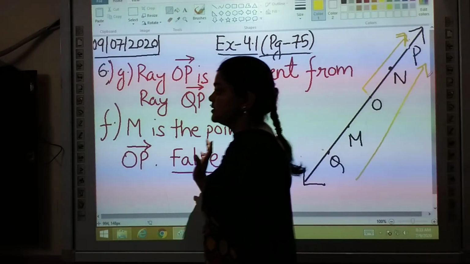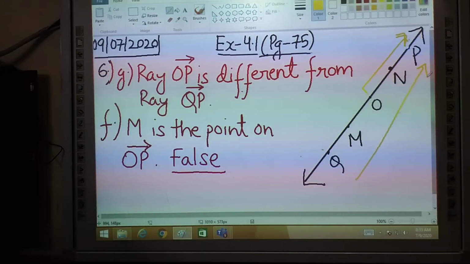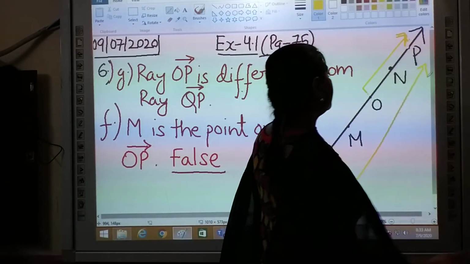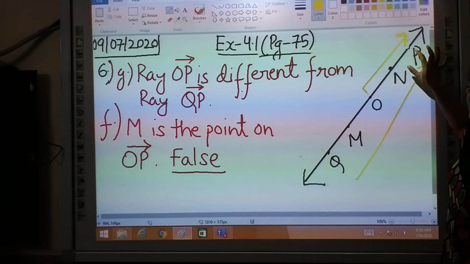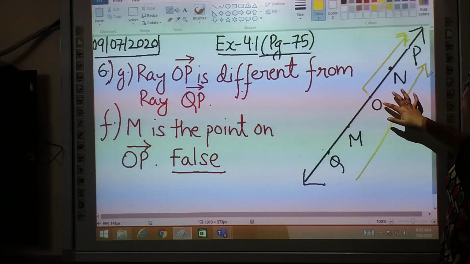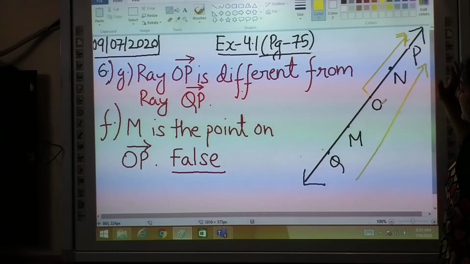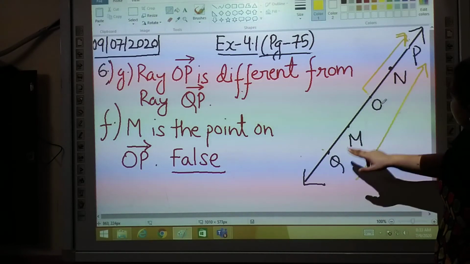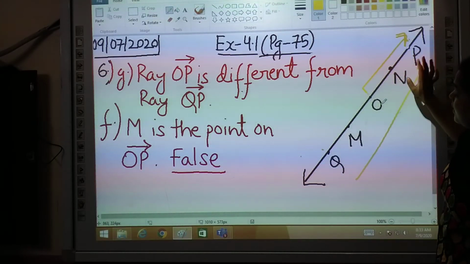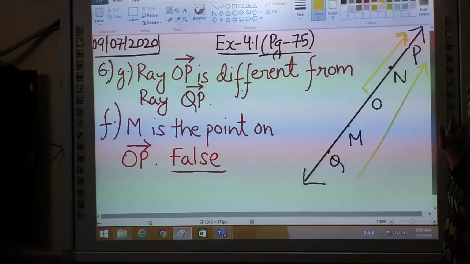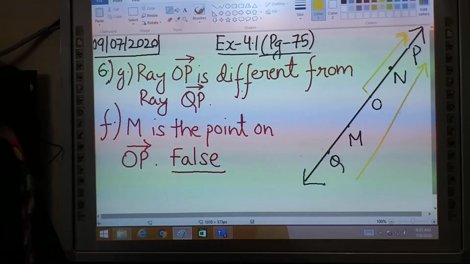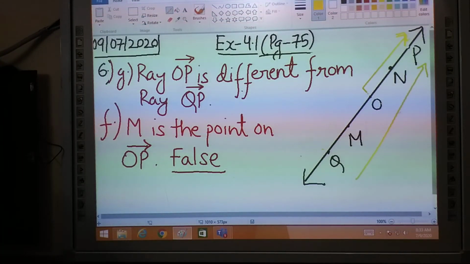End points are different, ठीक है? रे OP का फिक्स्ड पॉइंट वो O है और P है, और रे QP यहाँ से है और ये इसका फिक्स्ड पॉइंट है, ये Q पॉइंट है. So ray OP is different from ray QP. Yes, it is different from QP.